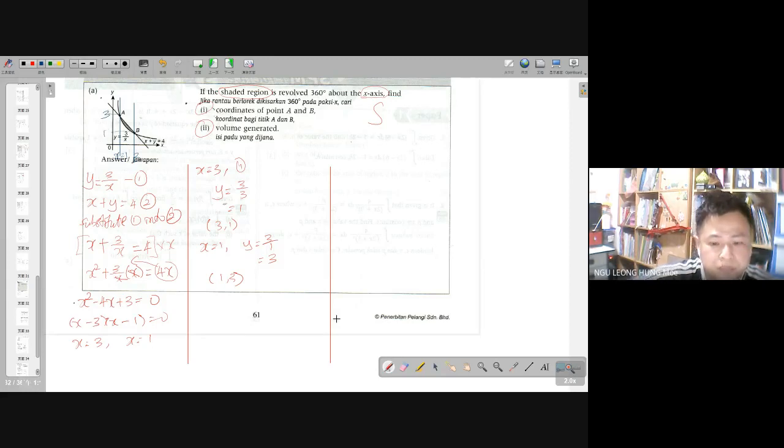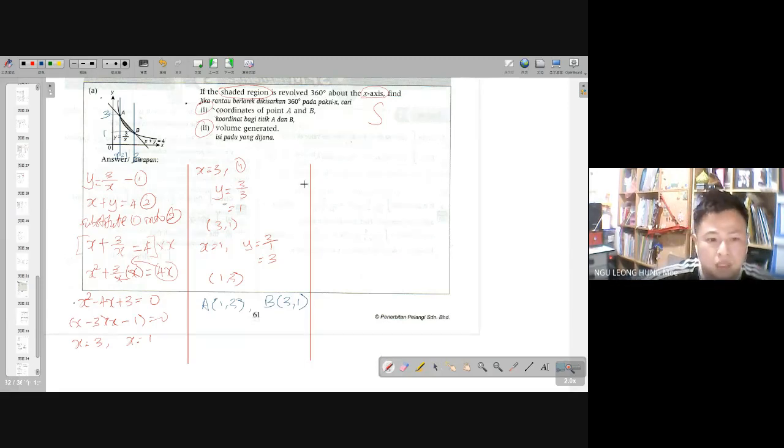All right, so far okay or not? So coordinate A will be 1, 3. B will be 3, 1. Okay, has it? If yes, please reply me A.